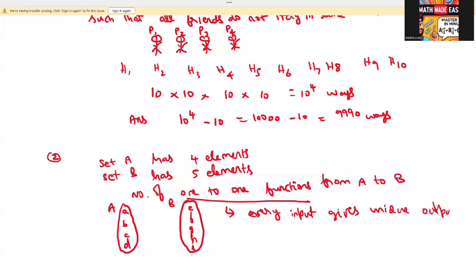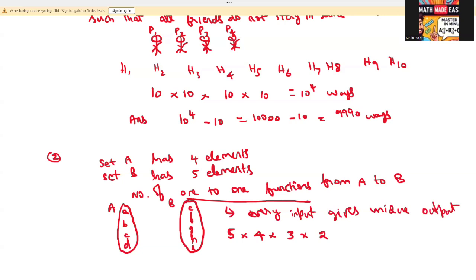Now we can clearly understand that if I start with A, it has five choices, then B will have only four choices, then C will have three choices, and D will have two choices. So they are happening simultaneously. So 5 into 4 into 3 into 2, which is basically 5 factorial.